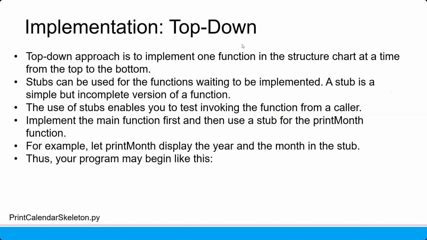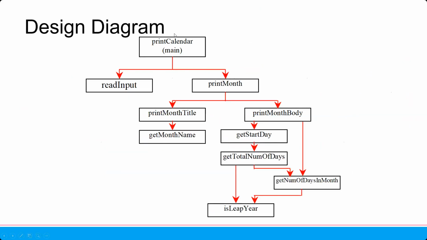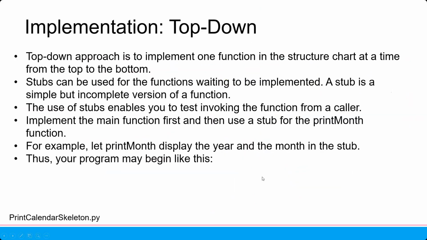So the implementation will be only the function structure, and it will be top to bottom. It means I will start from the method print calendar, print month, and so on, because these are steps.